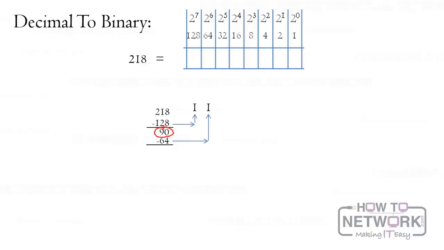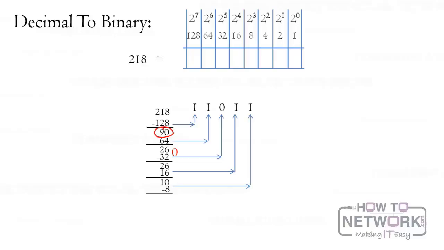It does. We now have a remainder of 26. Does 32 go into 26? No, it doesn't, so we put a 0. Does 16 go into 26? Yep, it does, which leaves us with a remainder of 10. Does 8 go into 10? It does, which leaves us a remainder of 2. Does 4 go into 2? It does not, so that leaves us with 0.